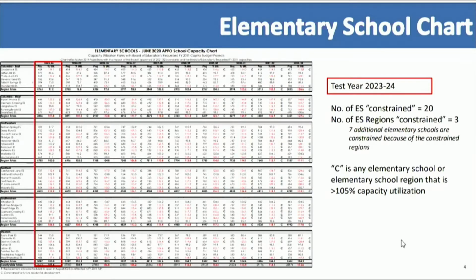For the 2020 APFO school capacity charts, there are 20 elementary schools that are constrained. The northern, Columbia West, and Southeast regions are also constrained to new construction for the test year. With these closed regions, 7 additional elementary schools will be constrained to new residential construction. Next slide, please.